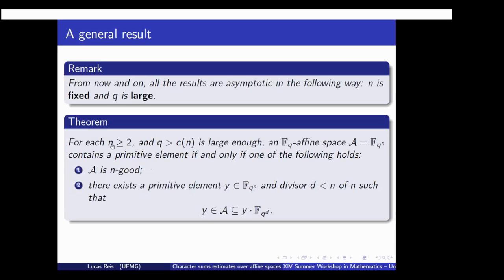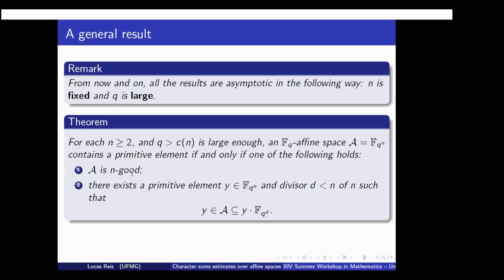And so if I fix n at least 2, I have a constant here, Cn, such that if q is larger than Cn, so the field is large enough, a generic affine space in Fq to the n contains a primitive element if and only if one of these two conditions hold. First one is that A is n-good.